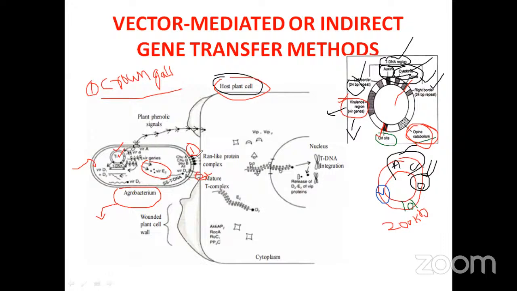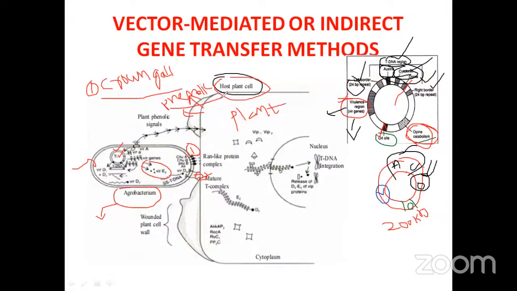First, signal induction of Agrobacterium. For example, this is the wounded plant cell. First, the wounded plant cell releases some phenolic chemicals and sugars, which are recognized as signals.